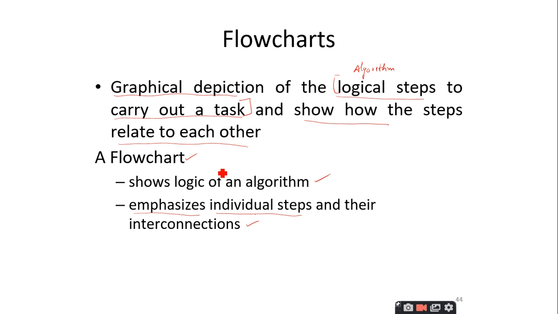It gives a lot of information regarding the solution for a particular task, and because of its ease of remembrance by the programmers, flow charts are mandatory in any organization.